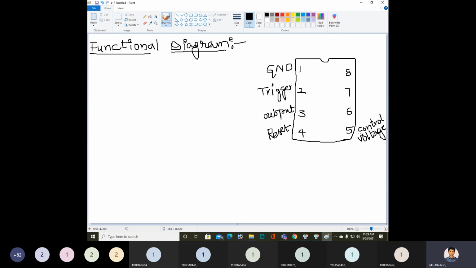Sixth one is threshold. Seventh one is discharge pin. And eighth one is VCC.